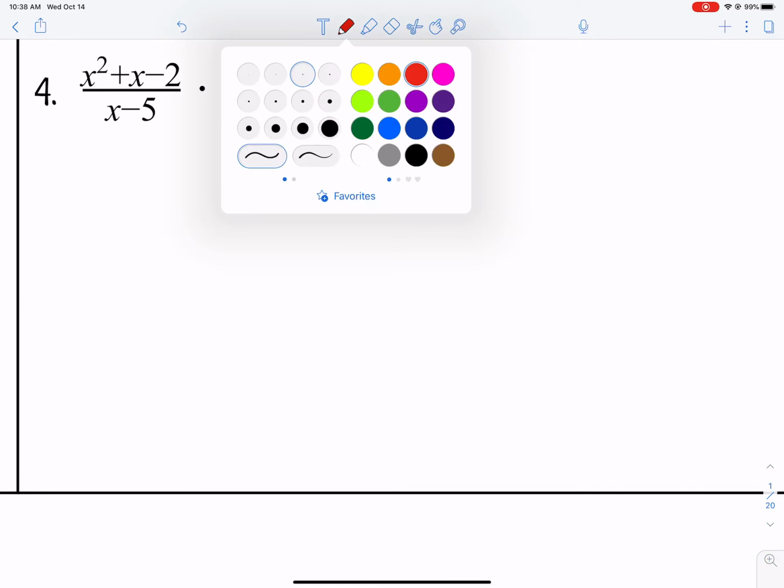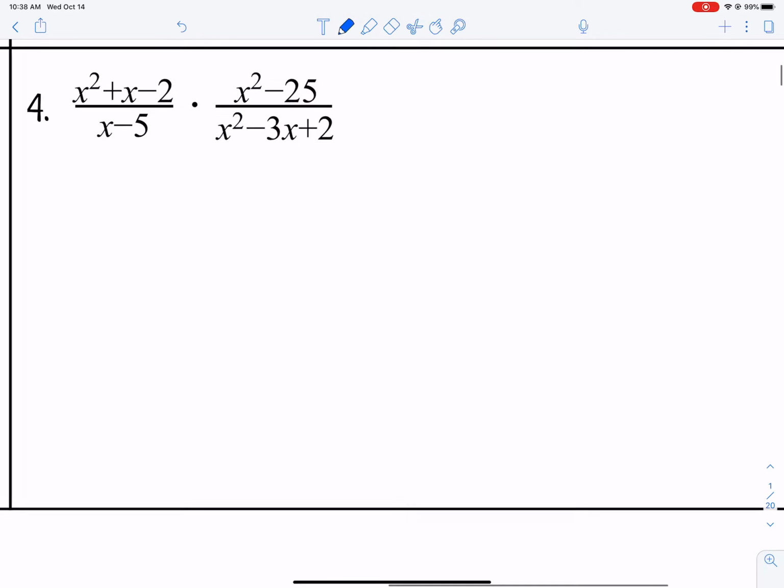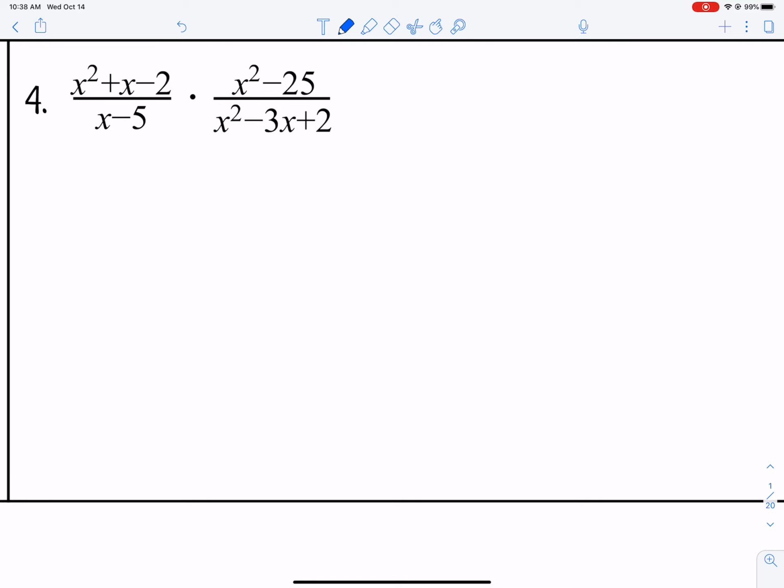All right, for our last example, number 4. Looks like we have a mixture of factoring to do. So we have a trinomial to start with in our numerator. We need to multiply to get negative 2 and add to get the 1 that's in the middle. So that would be x plus 2, x minus 1. The x minus 5 in the denominator would just stay there because we can't do anything more with that at the moment.